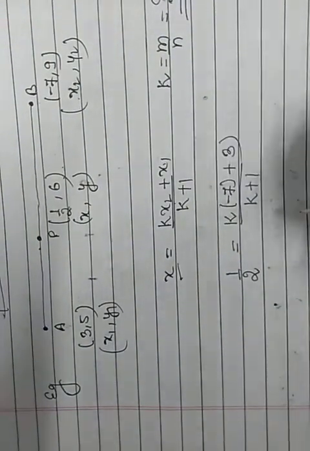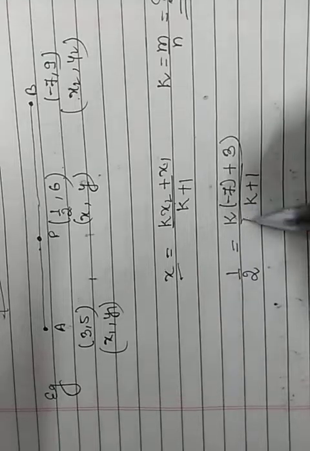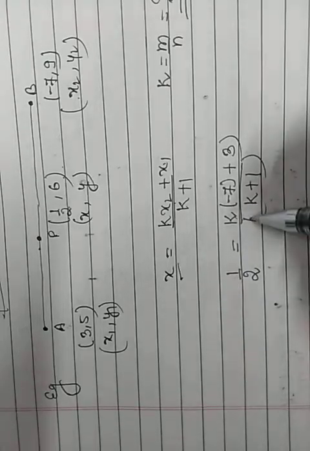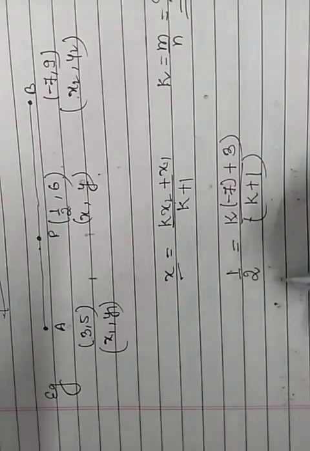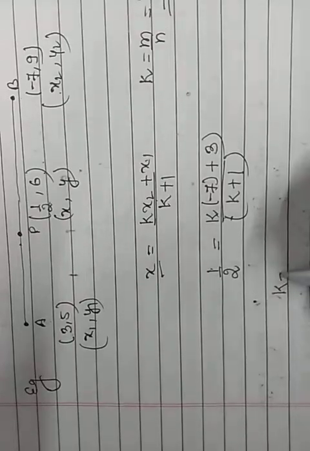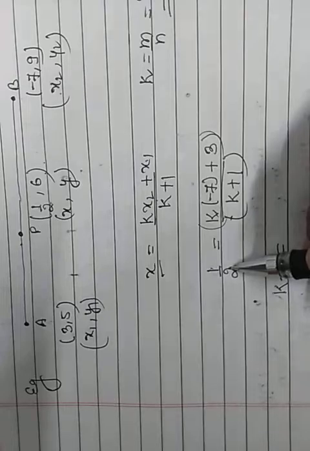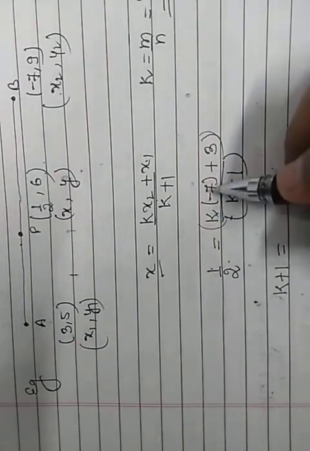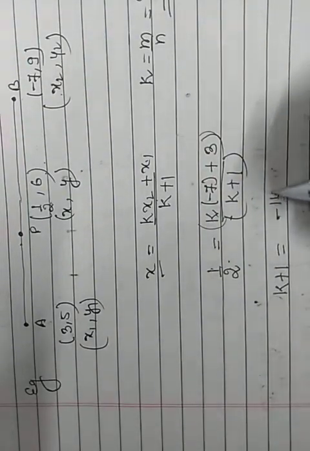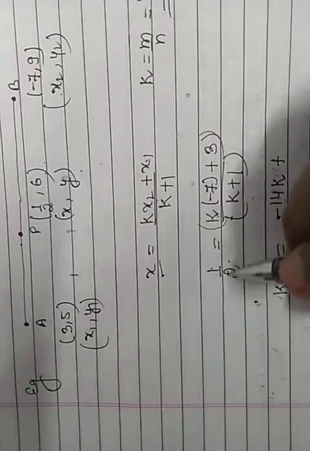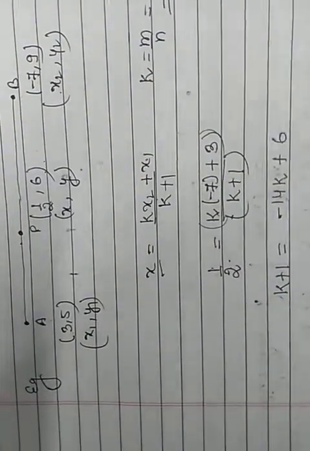upon k plus 1. Now by cross multiplication, this k plus 1 is multiplied by 1, so it remains k plus 1, and this quantity will get multiplied with 2. So 2 into minus 7 is minus 14k, and 2 into 3 is 6.